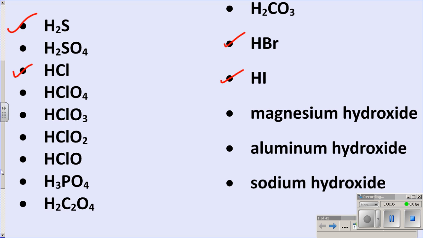When you're naming a binary acid, what do you say to tell me it's binary? Hydro. Okay? If you say hydro, does that mean it's an acid? No. If I say hydro, it means it's binary. If I say acid, that means it's an acid. So, for example, hydrochloric acid means it's an acid. Hydro just means it's a binary acid with two different elements.